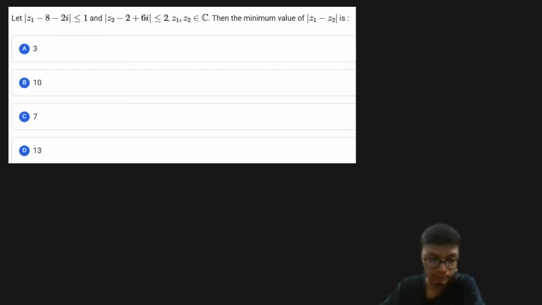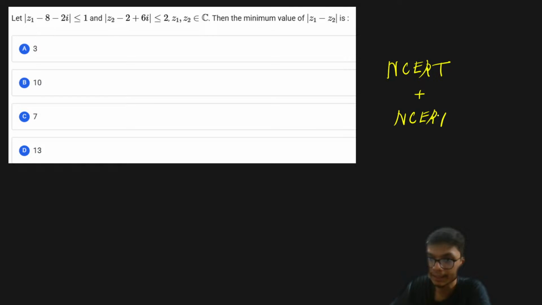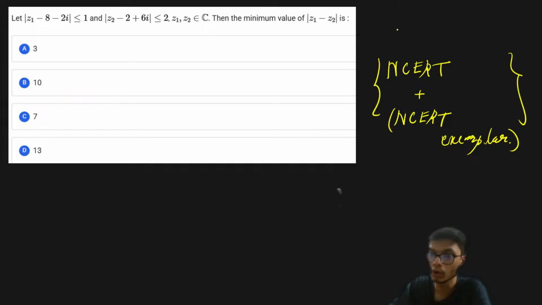If you haven't started studying complex number, my suggestion is to read the NCERT textbook for the basics. Once you are done with that, go through the NCERT exemplar problems, and that will work to get a hold on the basics of the chapter. Once you get the basics, you can start to solve the previous year questions.